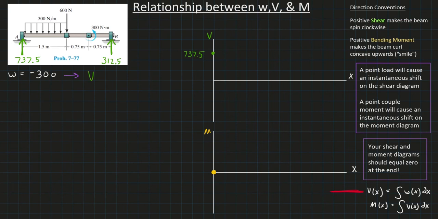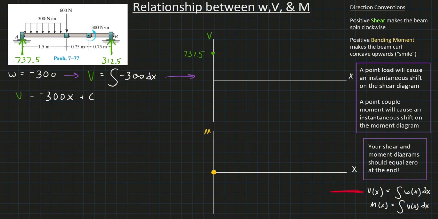My V will equal the antiderivative of negative 300 with respect to x. And carrying out that antiderivative, we'll get that V is equal to negative 300x, and of course a plus c. And of course, my equation here isn't complete until we figure out the c.